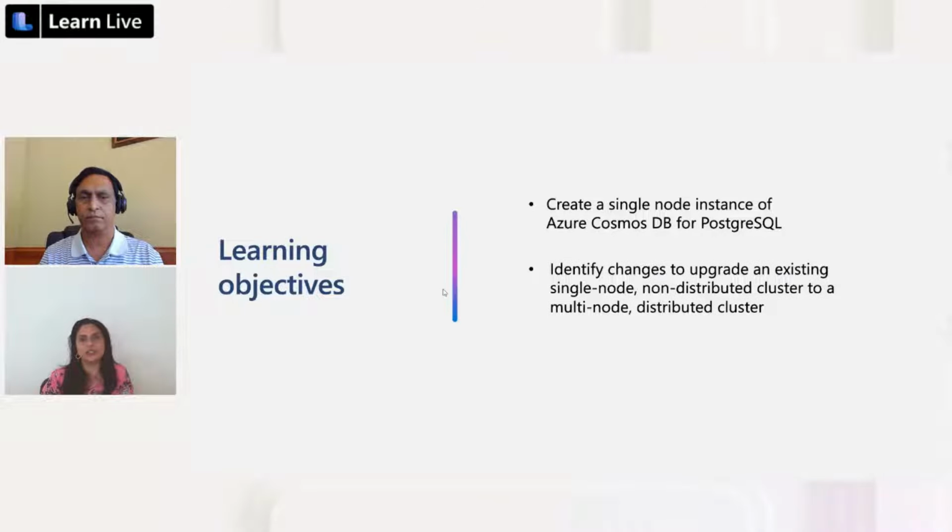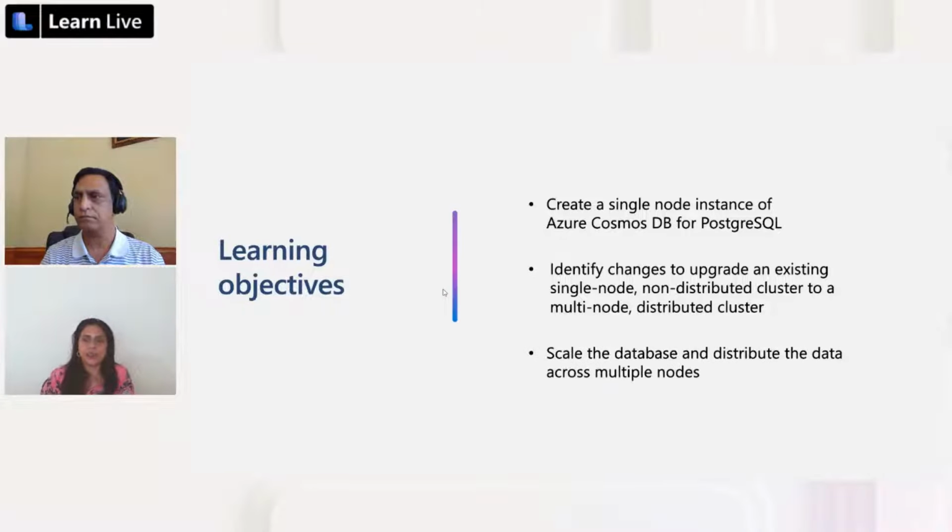Then you'll identify changes to upgrade: how do you upgrade from a single node to multiple nodes and distribute your data across the nodes? And finally, you'll be able to scale the database and distribute it across these multiple nodes.